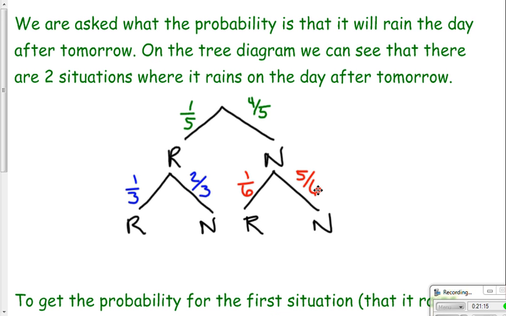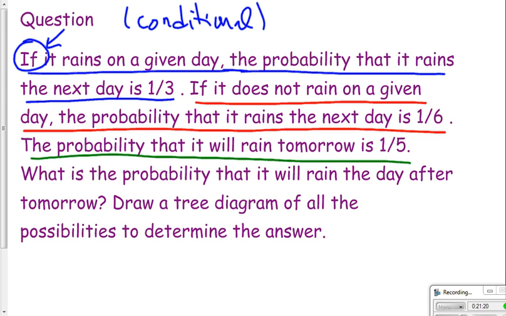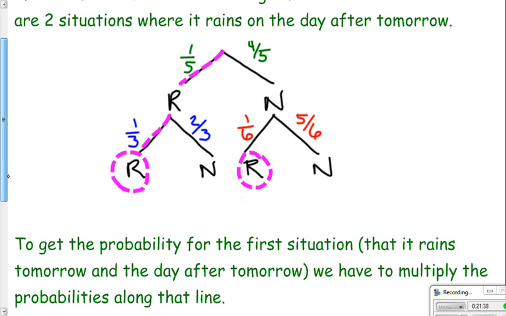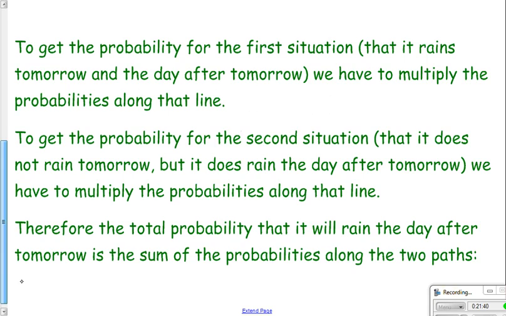So if I need to figure out the probability, let's see what it was. What is the probability that it will rain the day after tomorrow? Well, there's 2 different paths that end in rain the day after tomorrow. And this path is the first one we're going to think about. That path has a probability of 1/5 and then 1/3.